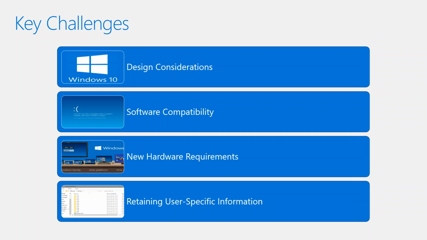If you think about all the security functionality we went over in part 1 of this webinar series, there are so many design considerations you have to go through, and we're going to get into more detail about that. Then software compatibility with Win 10, hardware requirements, and any user data that's on the local devices. So Chris, why don't we jump into the design considerations?